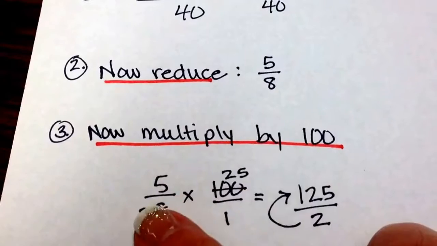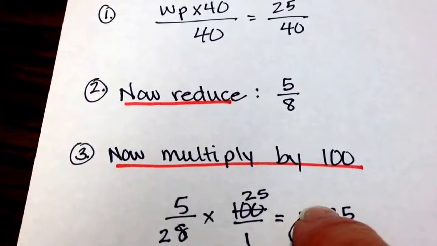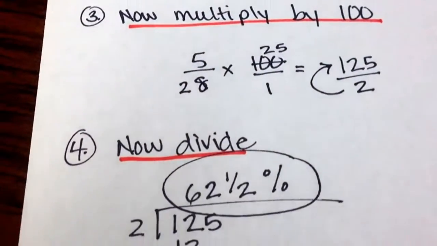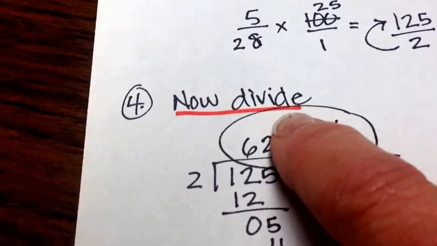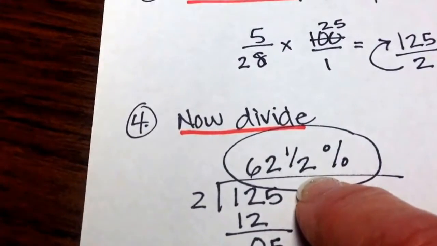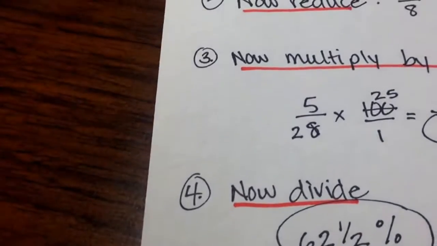Now I've reduced, so my number is going to be easier. So I have 125 over 2, divide 2 into 125, and you get 62. You still have 1 left over, so you're going to write 62 and 1/2%. Okay? I know, clear as mud.